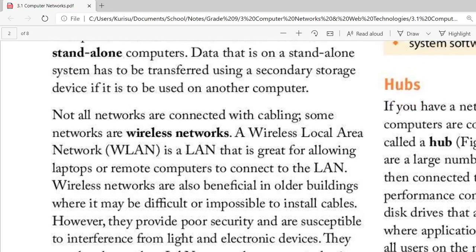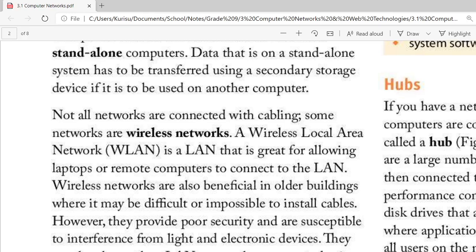Now we have another configuration, the WLAN, or the Wireless Local Area Network. You can say this is like an extension to the local area network. The local area network gives you a connection via a cable.